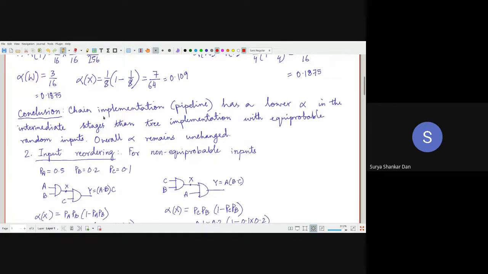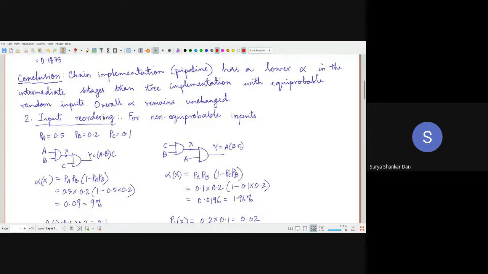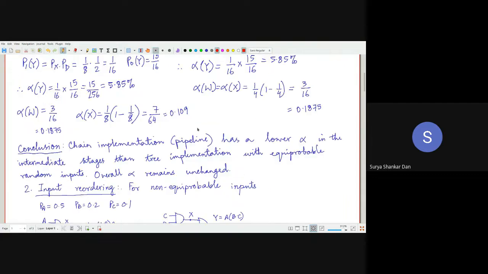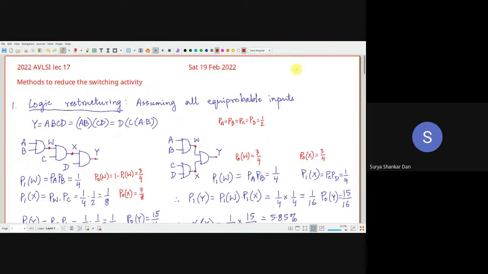The second method that we are going to learn is called input reordering. Input reordering has to do with non-equiprobable inputs. Over here we are seeing all equiprobable inputs, where equiprobable means PA, PB, PC, PD equal to half.